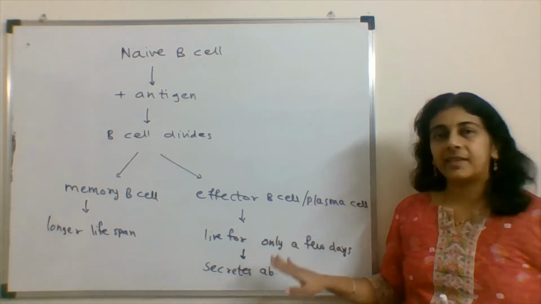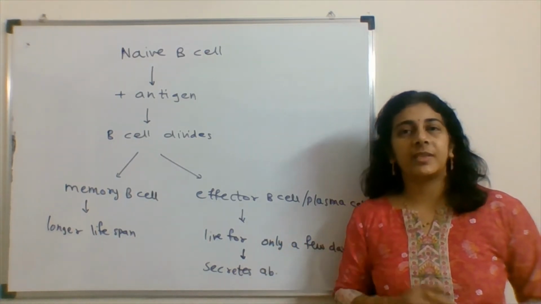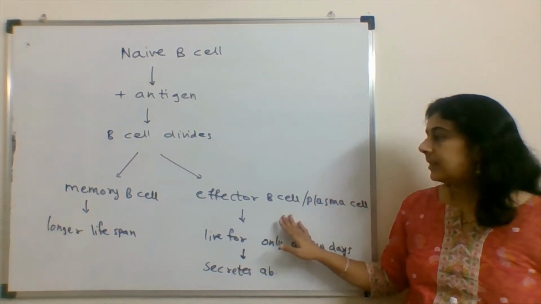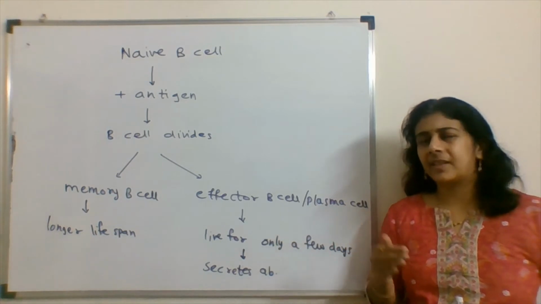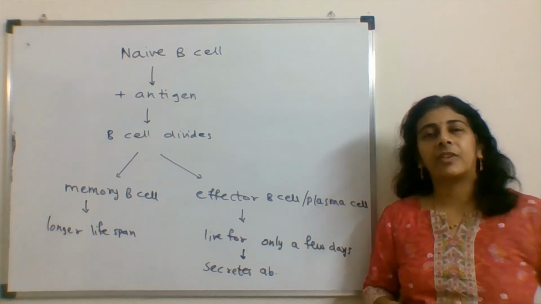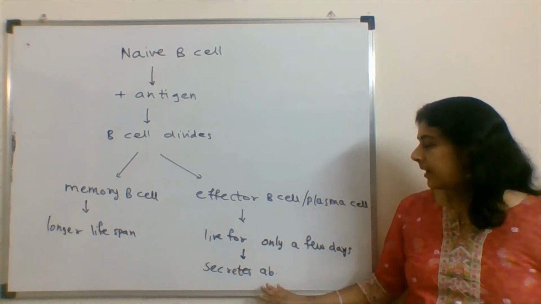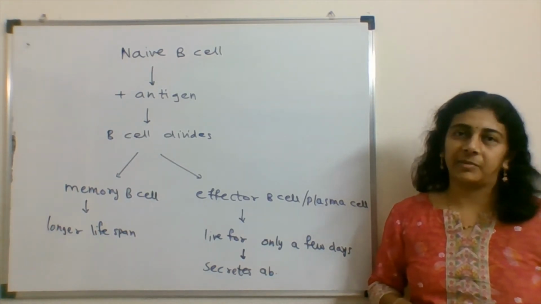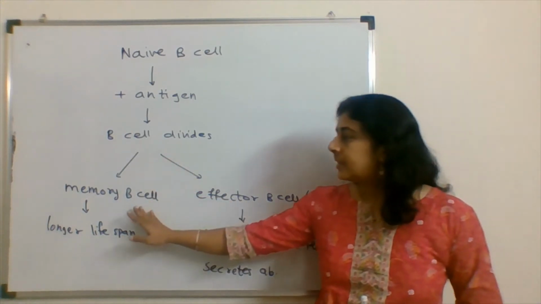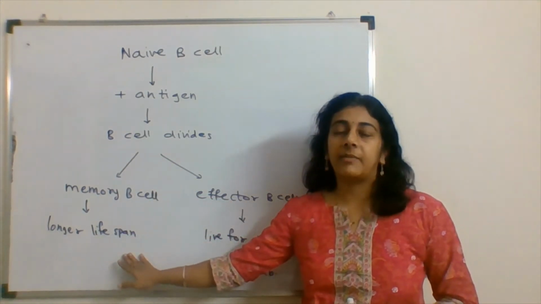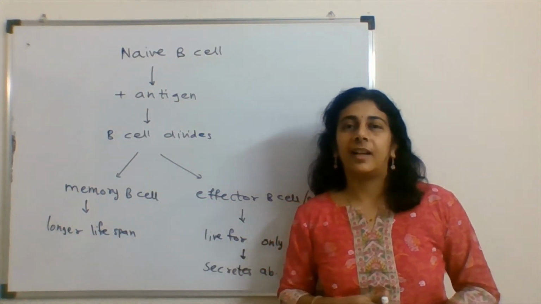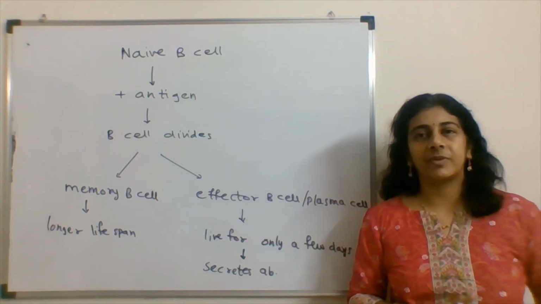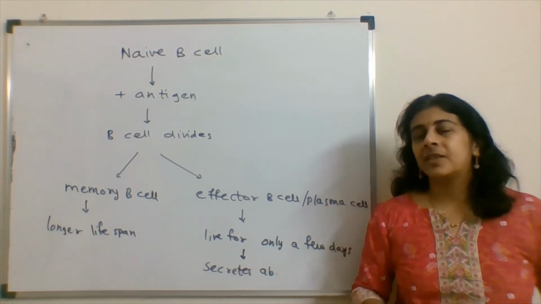Now this effector B cell secretes an enormous number of antibodies. The lifespan of this effector B cell is very short. It lives for a few days, and during this lifespan it secretes a number of antibodies. The memory B cell has a longer lifespan and it remembers against which antigen the immune response was given.